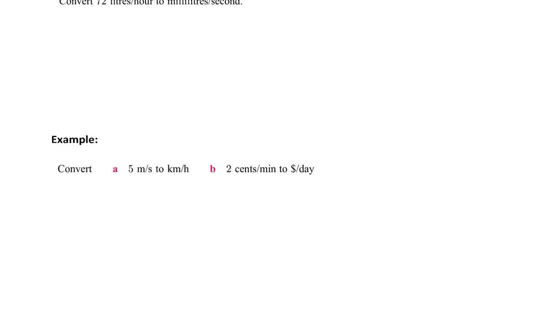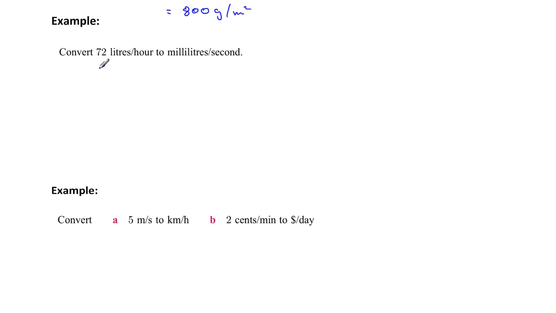Alright, so let's have a look at another example here. Just push this up the page a little bit. There we go. And we've got to convert 72 litres per hour to millilitres per second. So let's start by writing down our original unit, 72. Now this is litres per hour. And once again we've got to convert.